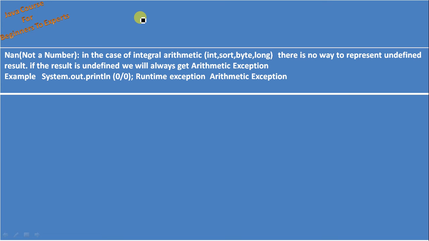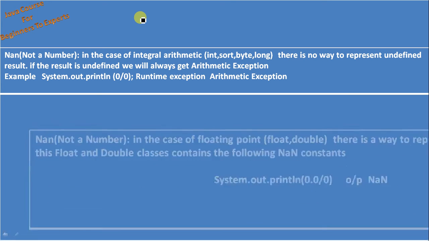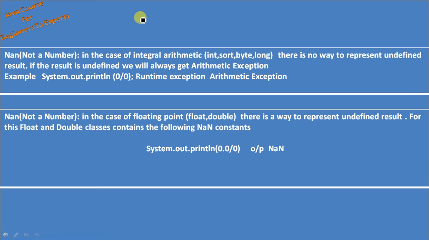But in case of floating point, there is a way to define an undefined result, which is not a number. If you divide 0 by 0 in floating point, you will get a not a number result. You will not get an arithmetic exception. Let me show you.